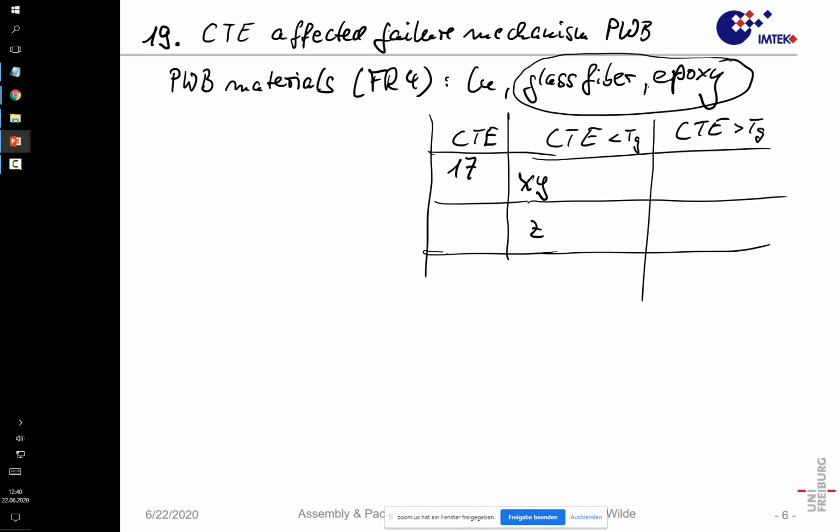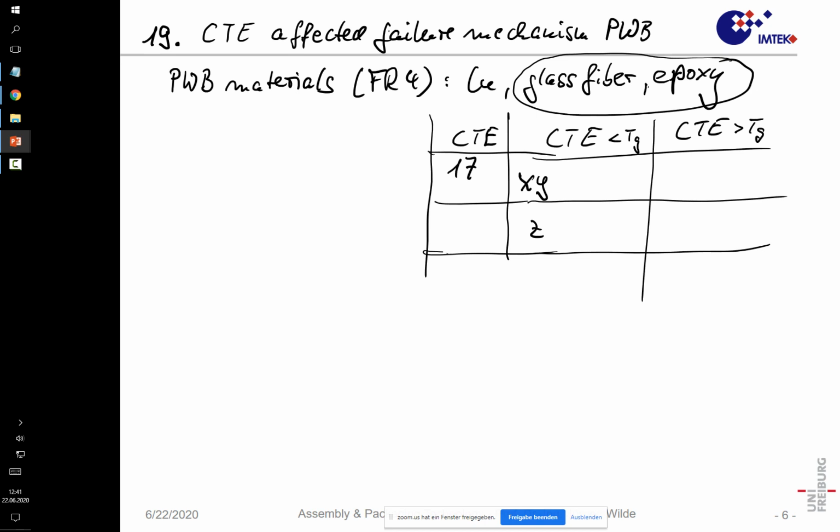The glass transition is the temperature after which there is a change in its properties. It's not just exponential, but it's a strong change. And the main reason is the bonds in a polymer are typically covalent bonds, which have a strength of typically 2 to 3 electron volts.